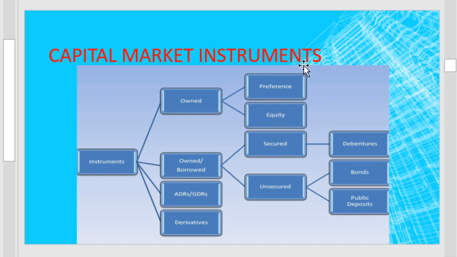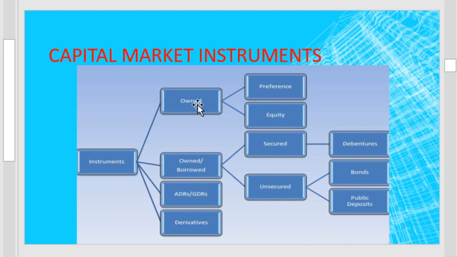Owned instruments are the pure instruments like preference shares, equity shares, etc. Owned or borrowed instruments can be divided into two: secured and unsecured. A secured instrument is the debenture, and unsecured ones are bonds and public deposits.